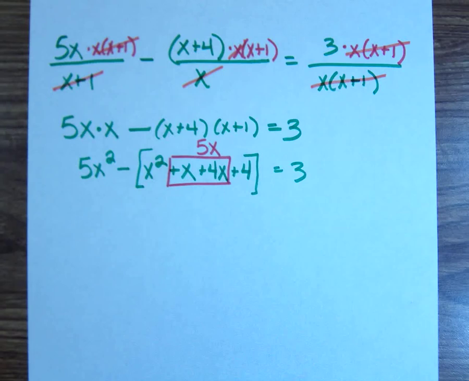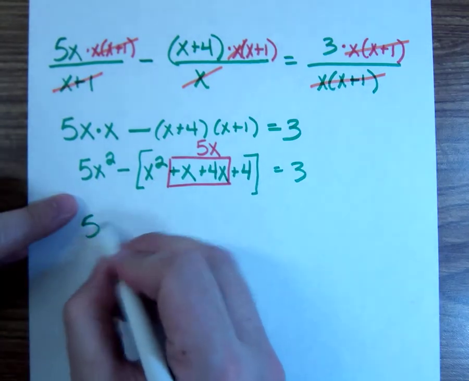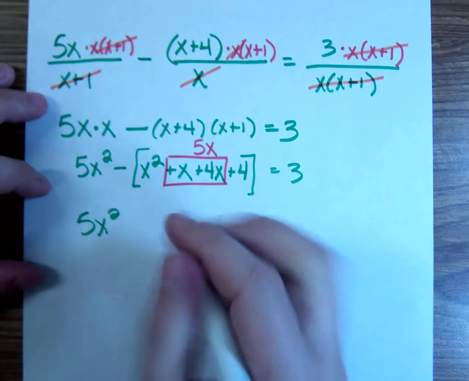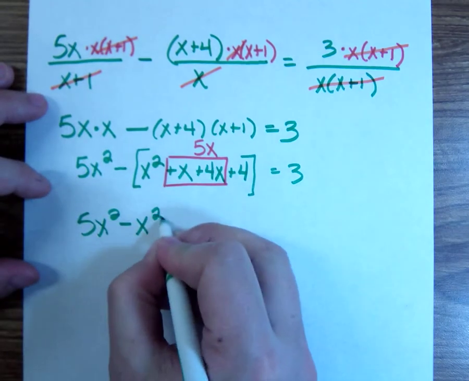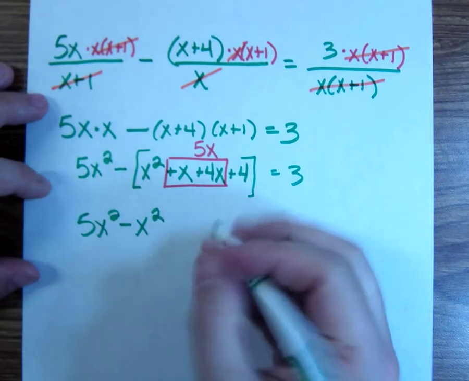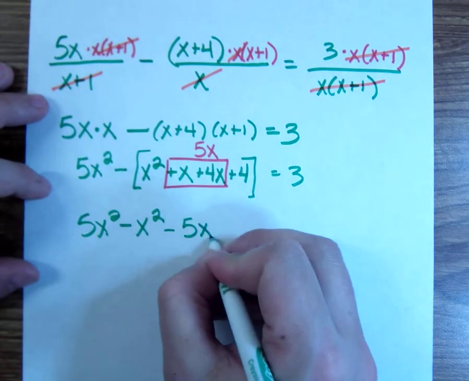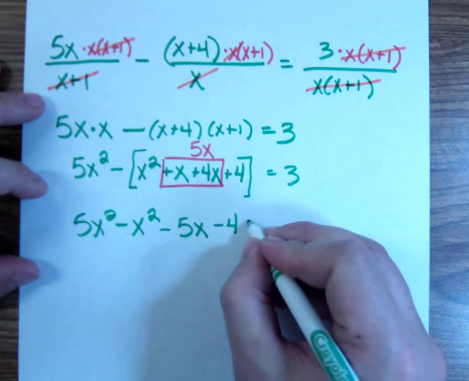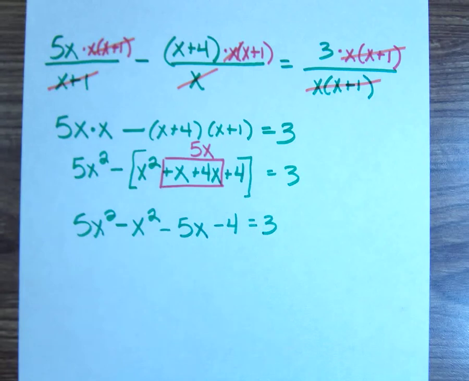Now, this is the part you've got to be careful about. This is 5x squared. Every single thing here has to get subtracted. So minus x squared, then minus 5x, then minus 4 equals 3.